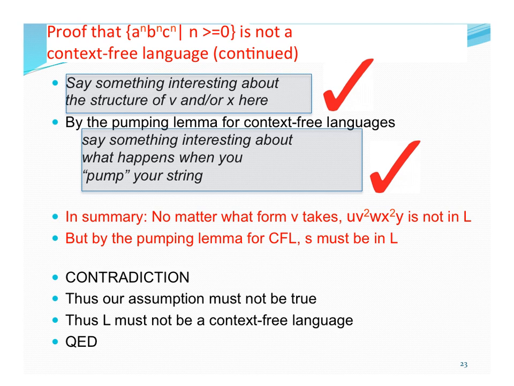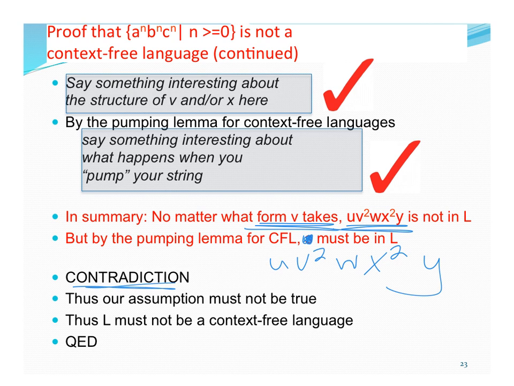In summary, no matter what form V takes, whatever V is, this string is not in my language. But by the pumping lemma for context-free languages, that string must be in my language. Boy, sorry about these slides. u v squared w x squared y, with two copies of v and two copies of x, must be in my language, right?